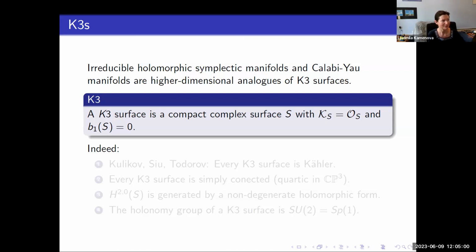And what is a K3 surface? It is a compact, complex surface with trivial canonical sheaf and trivial first Betti number.